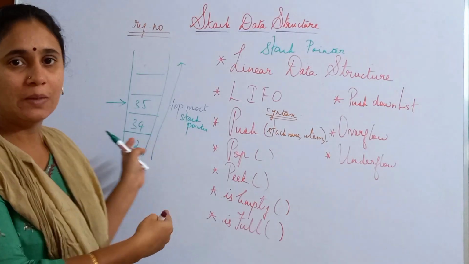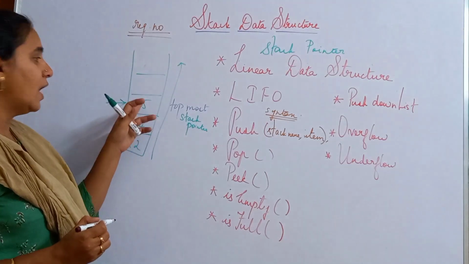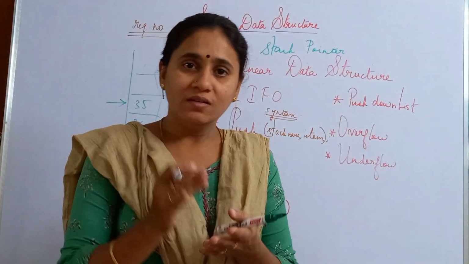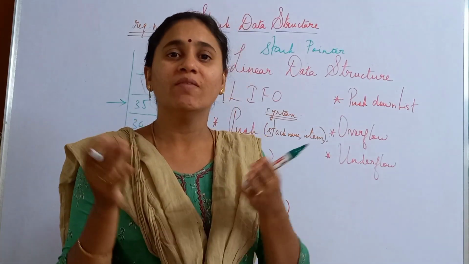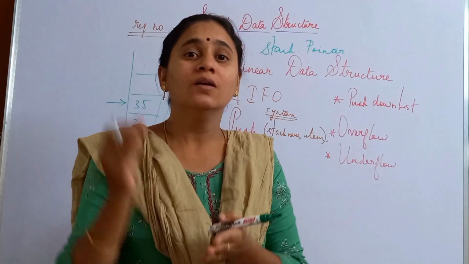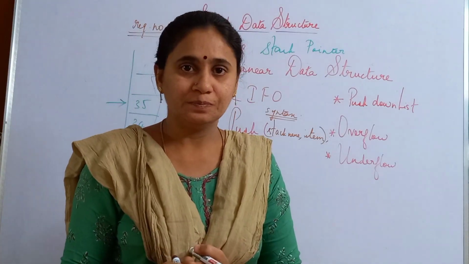If you visualize, you will see the first register number is 22, then 34, and then 35. If I enter another register number, where will it be stored? It will be stored in the topmost position.